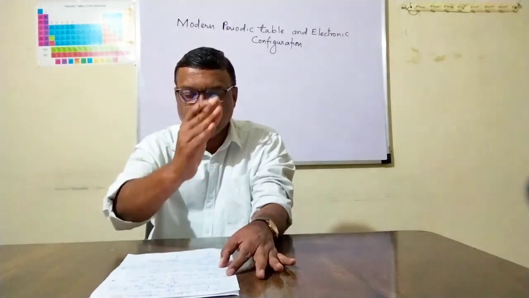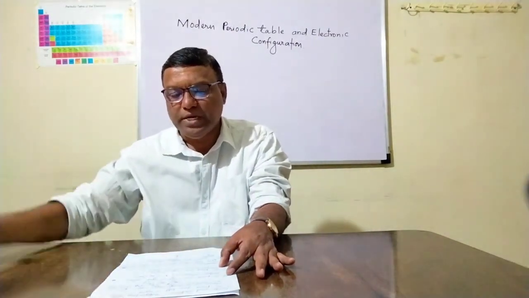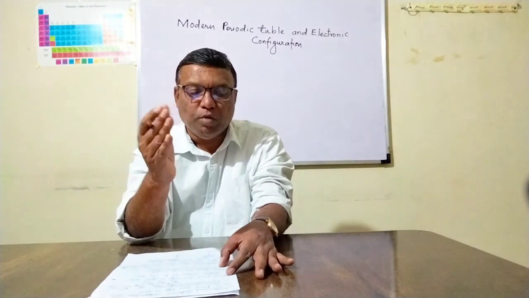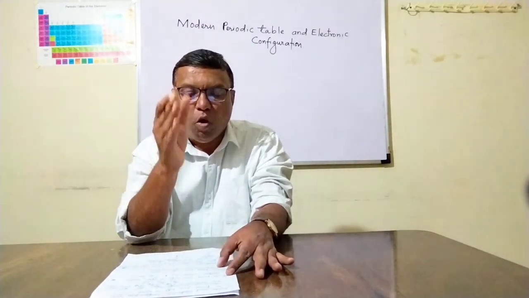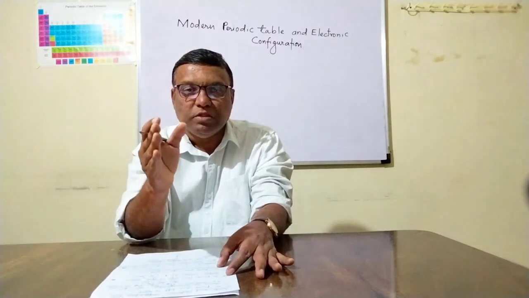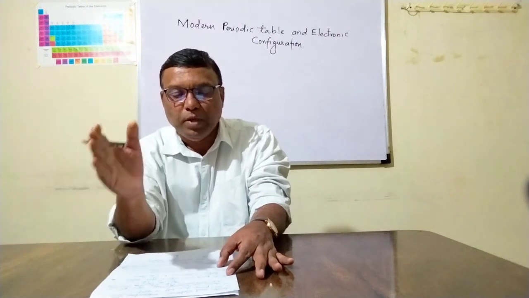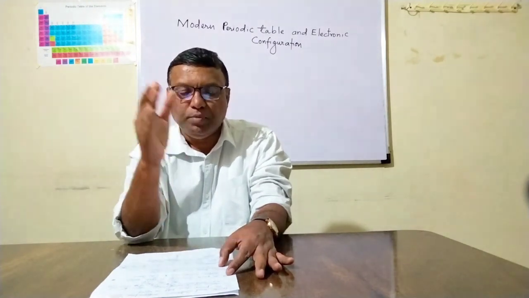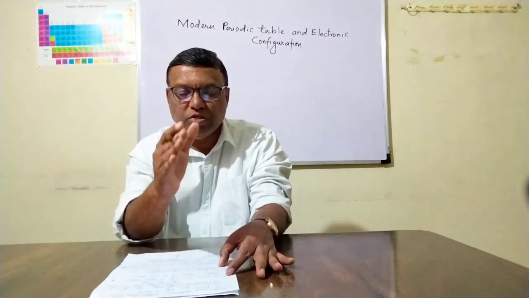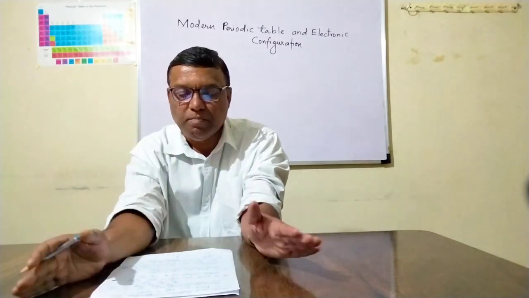In the period, as we go from left hand side to the right hand side, the number of shells or number of orbits remains the same. In the period from left to right, the number of shells remains the same.